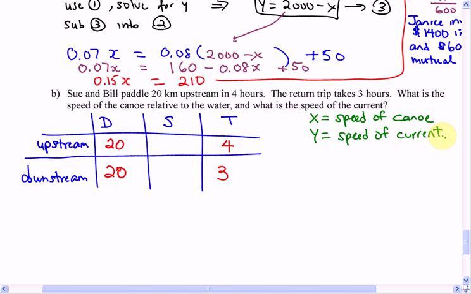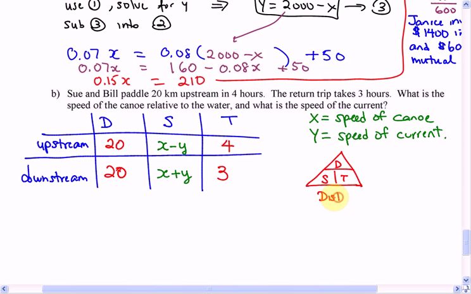So remember upstream what happens? The speed of the boat and the speed of the current are in opposite directions. So how about this? X minus Y. And remember when you are going downstream, the two work together. So I believe the speed would be X plus Y. And remember also that we looked at that triangle, or in physics, you know, distance equals speed times time.